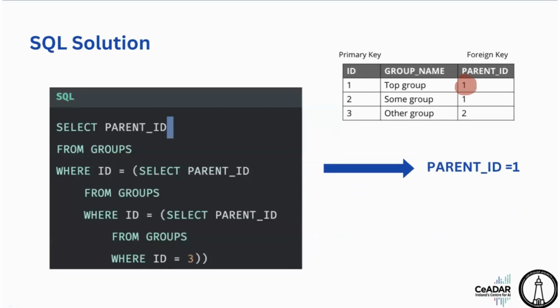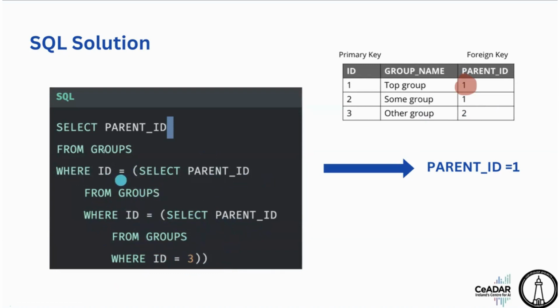In SQL, we need to put three different where conditions, in a bottom to top approach. From groups where ID equal to 3 is what we'll be finding. And again, from groups where ID equal to select parent ID, based on parent ID. And finally, where ID equal to select parent ID from groups.